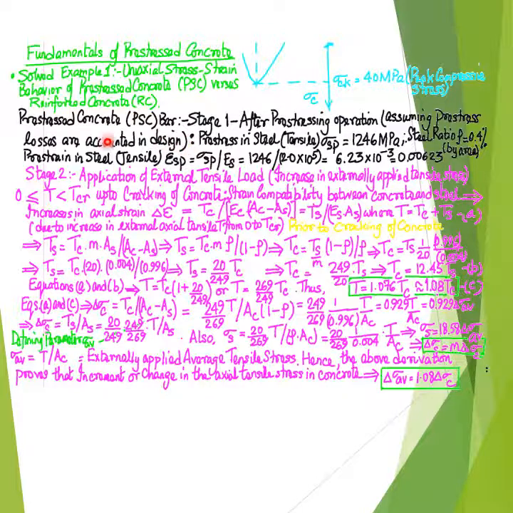Corresponding to the pre-strain in the steel or the tensile stress strain in the pre-stressing steel at the end of the pre-stressing operation denoted as epsilon SP.